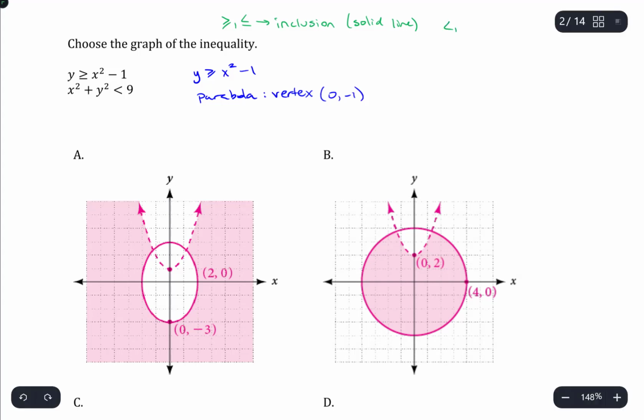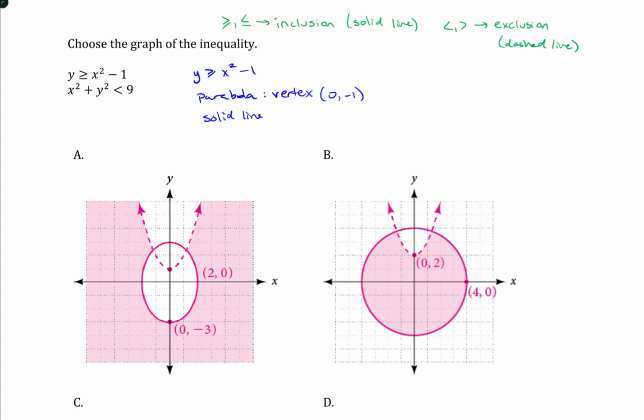If it were a less than or greater than, then that would be exclusion, and there you graph using a dashed line. Okay, so we're going to use a solid line when we graph this. And it's a parabola opening upward.